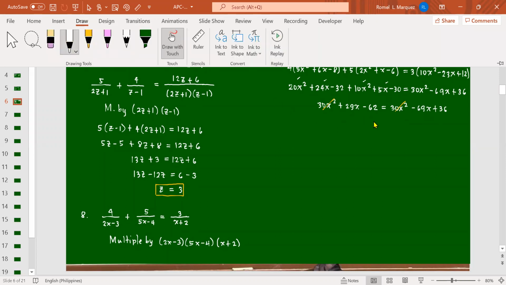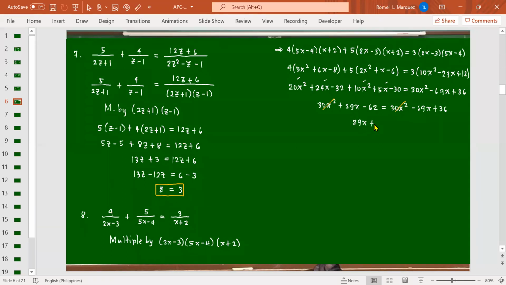So let's collect those with variables on the left side, getting 29x plus 69x, and that is equal to 36 plus 62. Constant terms on the right. So 29 plus 69, that is 98. Right, guys? What about the right side? That is 98 also. The left side is 98x, but the right side 98. So divide by 98, each side we get x equals 1.